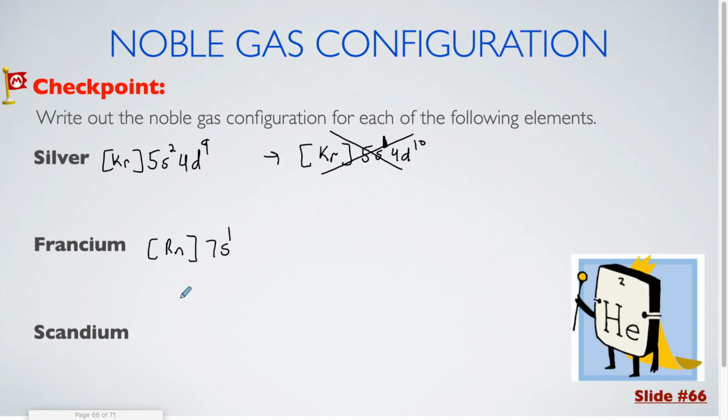So this saves a considerable amount of space. Our final example here is scandium. The noble gas that came before scandium is argon, Ar. So after argon, we would then be in the 4th row of the S block, and we have to go through 2 elements. Scandium is the first element in the 3d, so we end on 3d1.